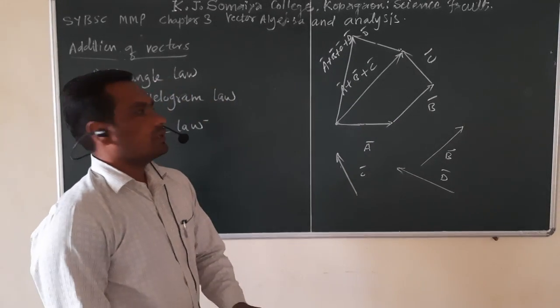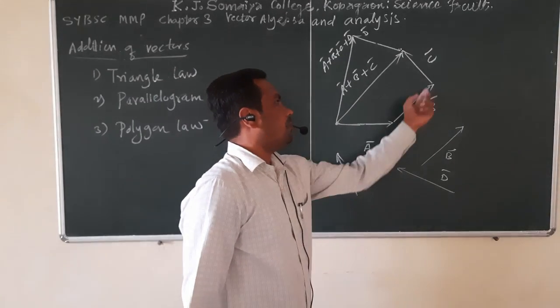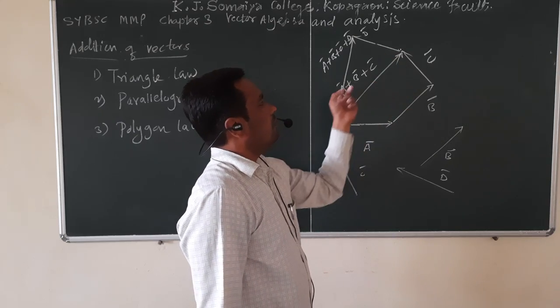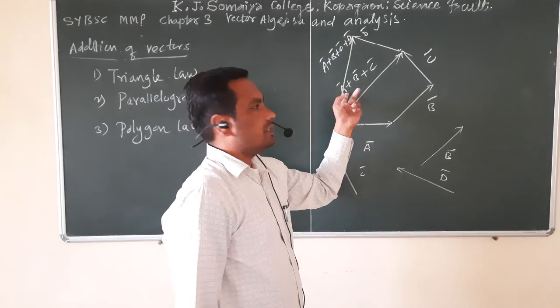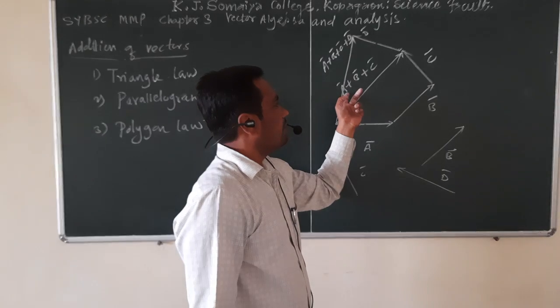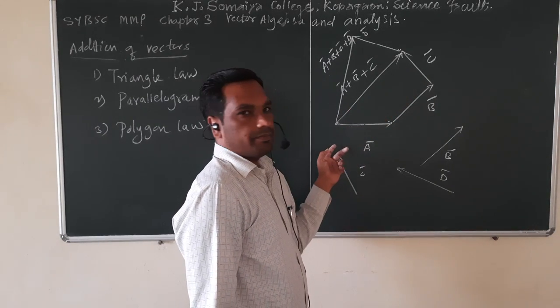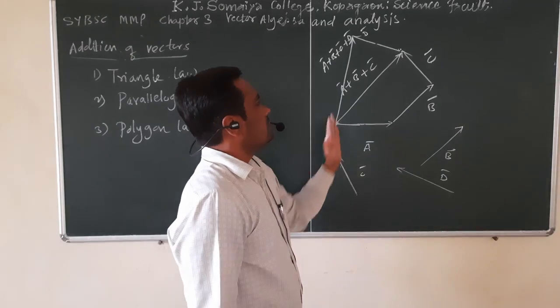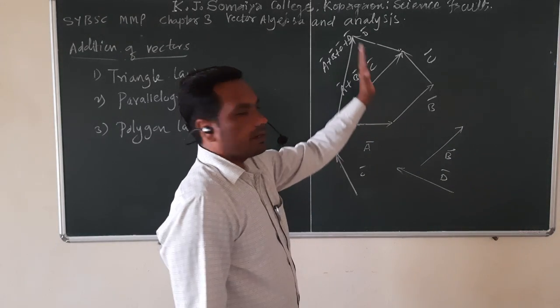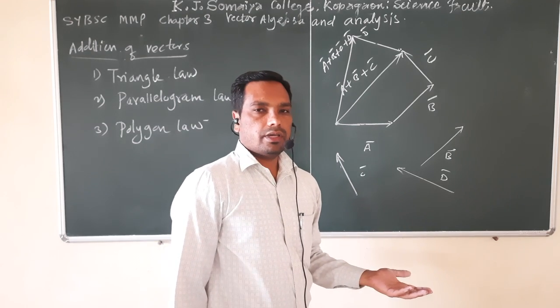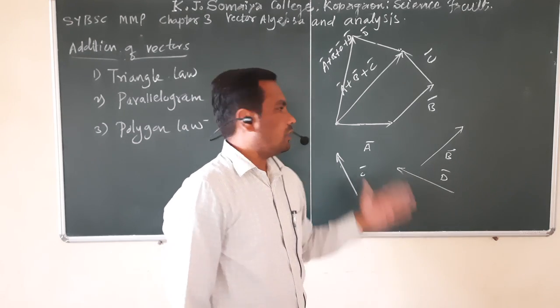Here you can see the shape of the polygon which is formed. This polygon has 5 sides, so this is a pentagon. So in this way, depending on how many vectors we have, we may get a pentagon, hexagon, and other shapes.